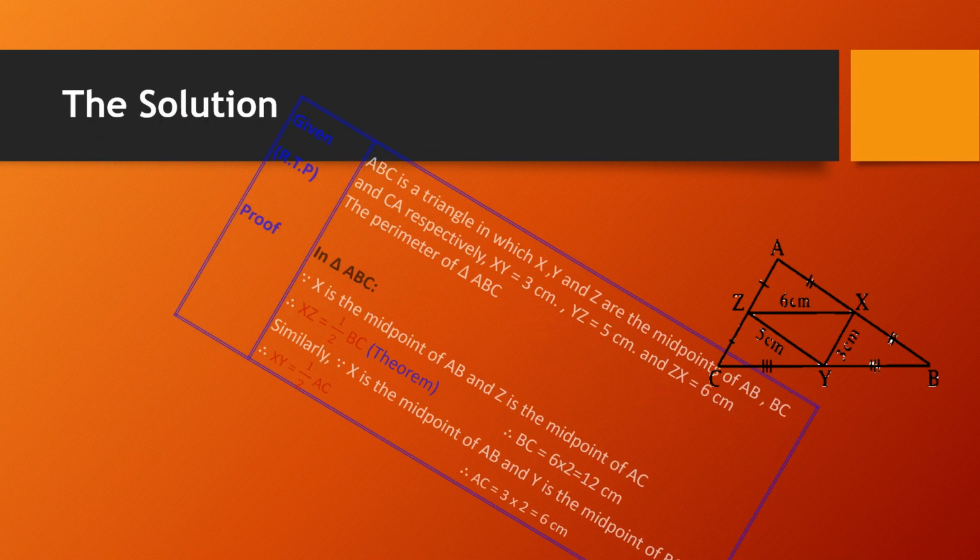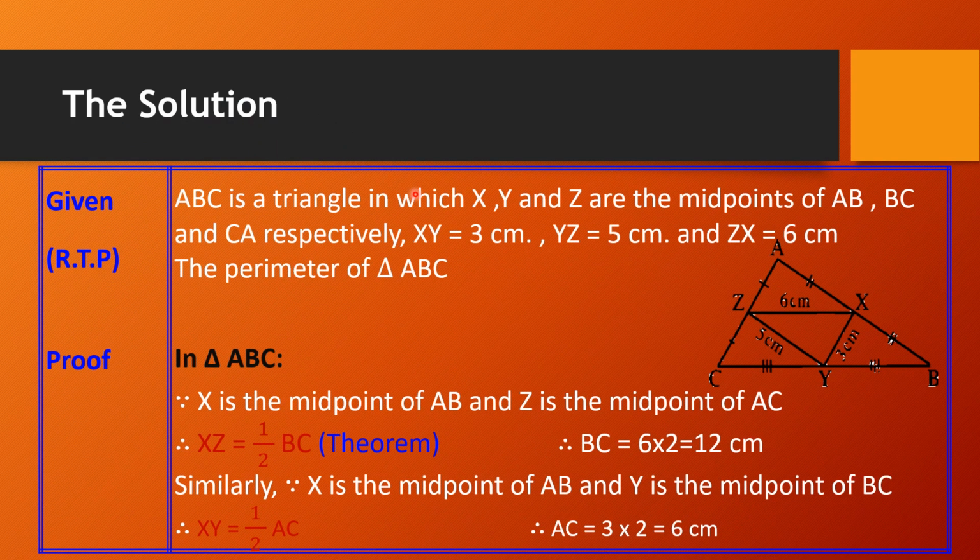The solution. Given ABC is a triangle in which X, Y, Z are the midpoints of AB, BC, and CA respectively. XY equal 3 cm, YZ equal 5 cm, ZX equal 6 cm. RTP, the perimeter of the triangle ABC.